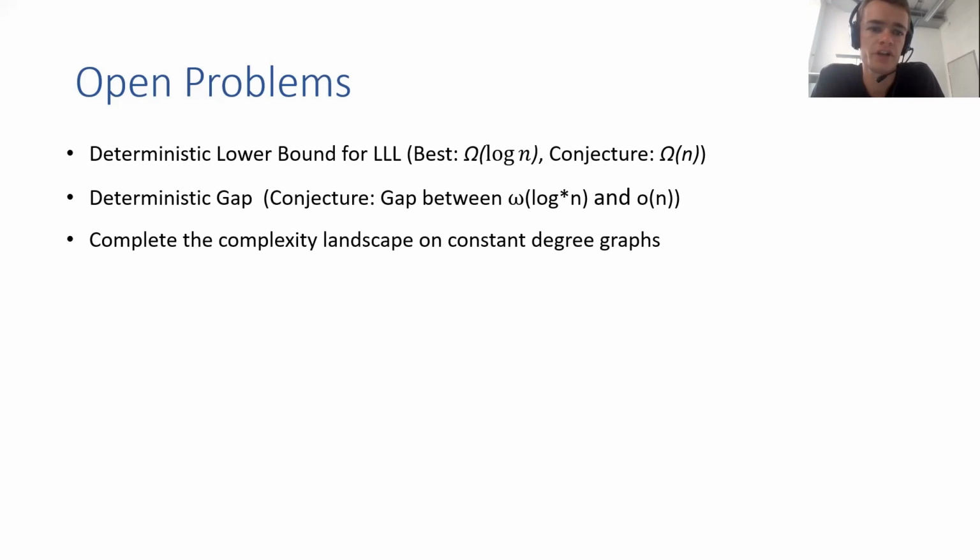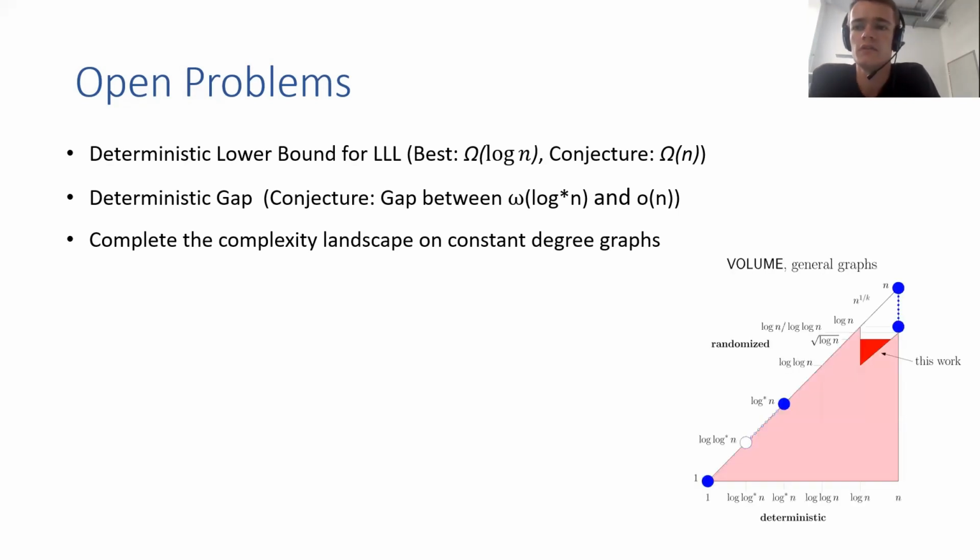And then a more general question is to complete the complexity landscape on constant degree graphs. So what do we mean? Recently it was considered to study this complexity landscape in the so-called volume model, which is very similar to the LCA model. And there one asked which pairs of deterministic and randomized complexity are possible.